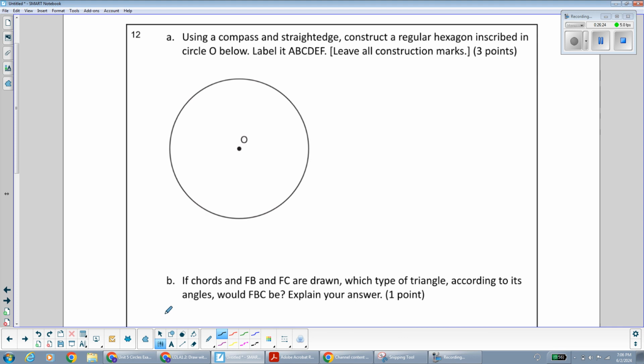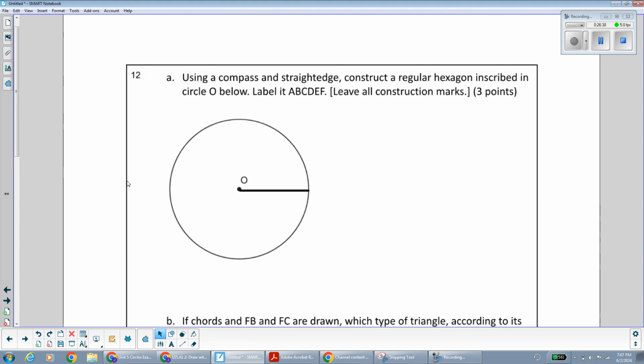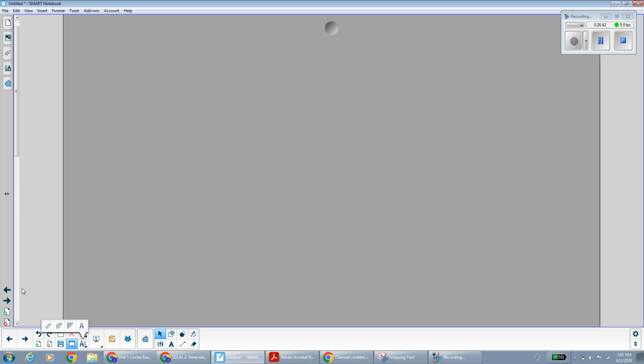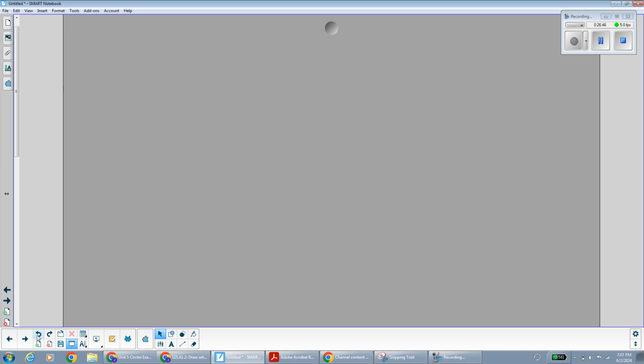The last question is to construct a regular hexagon. In order to do that, the first thing I'm going to do, just so you can see what I'm doing, is make the radius of the circle. I should say that my construction, since I'm doing it on the computer, is not going to be super accurate.